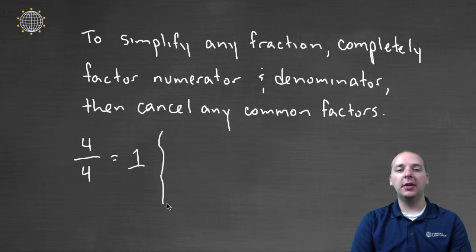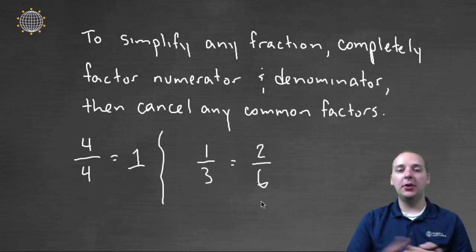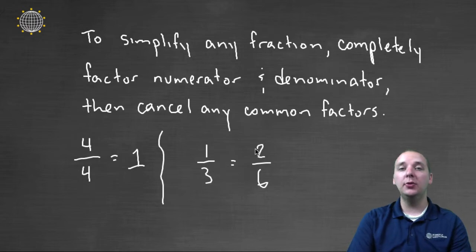I'll show you a few examples here. You could have 1/3, or you can have 2 over 6. And this is the same ratio. If you had a pizza split into 3 big slices and you ate one of the 3 slices, that would be the same as a pizza split into 6 slices where you ate 2 of the slices.